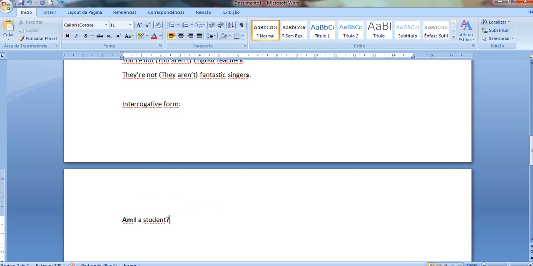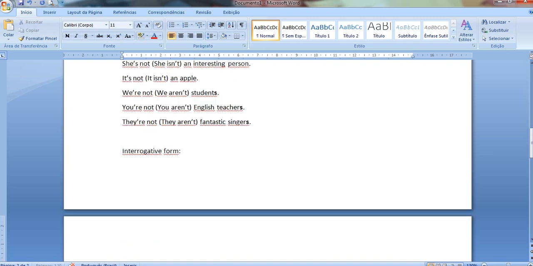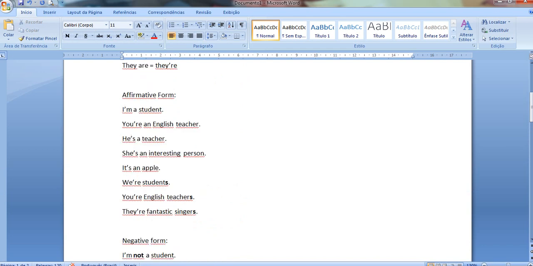Remember, the personal pronoun I is singular. Okay, so we have to use the article here to indicate the noun. That example is student. Another example, you're an English teacher. How can we change that sentence in interrogative form?